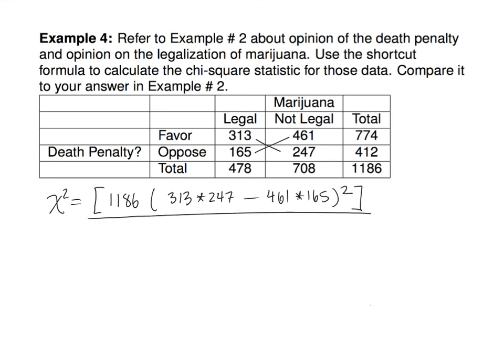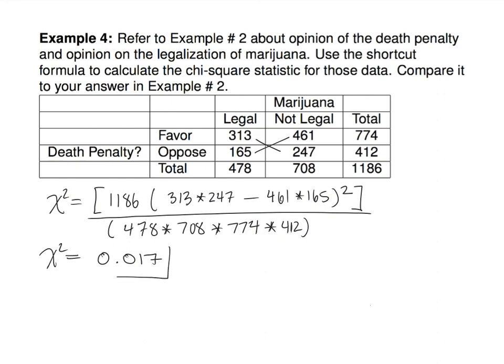All that divided by, parenthesis, 478 times 708 times 774 times 412. And put this in a calculator, and you should find that this is also 0.017.